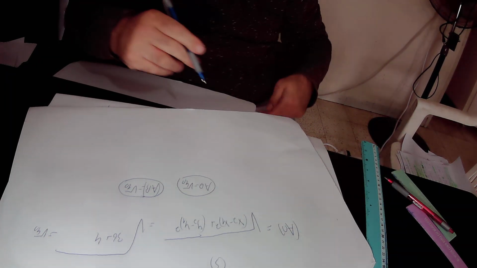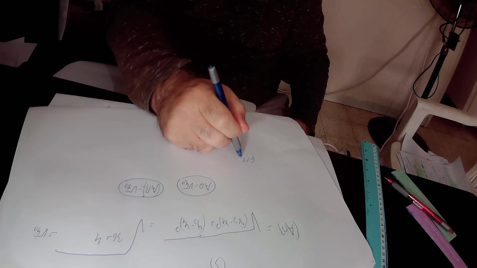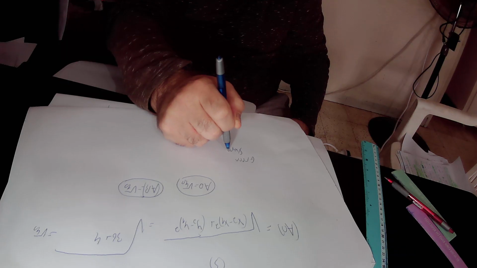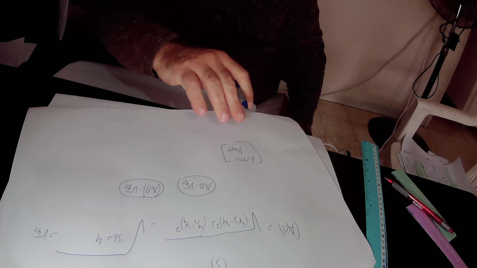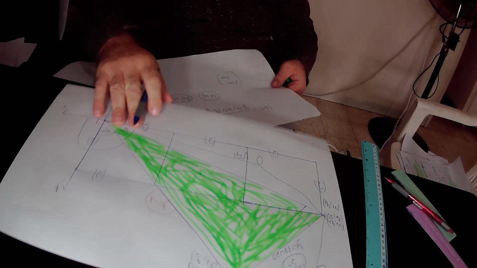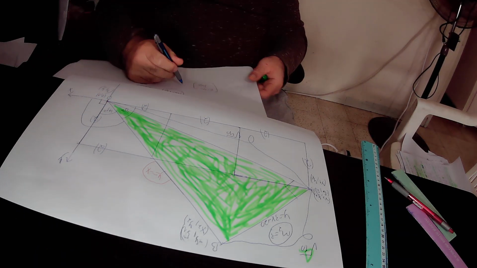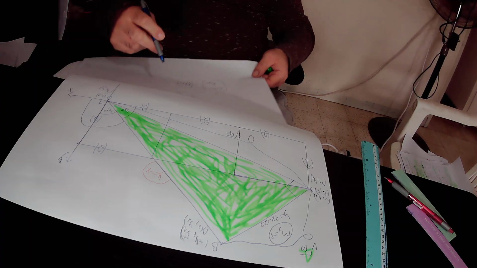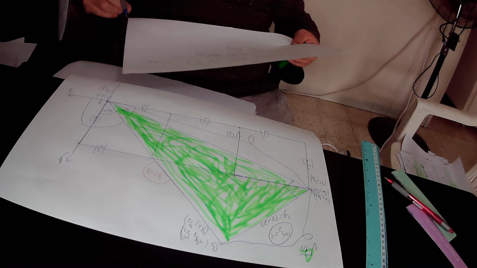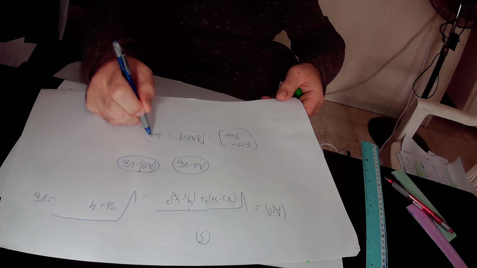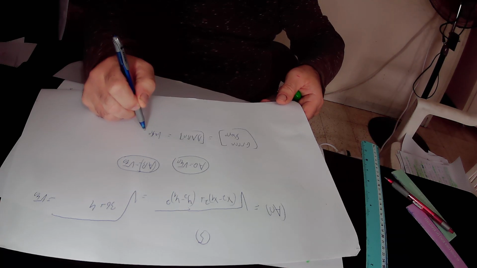And the green shape is actually the area of this green triangle ABO. And the area of this green triangle ABO equals the base times the height over 2.